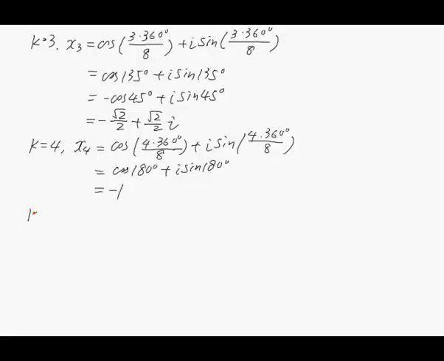Now, number 6, x sub 5 is equal to cosine of 5 times 360 degrees over 8, plus i times sine of 5 times 360 degrees over 8. And this argument is equal to 225 degrees.